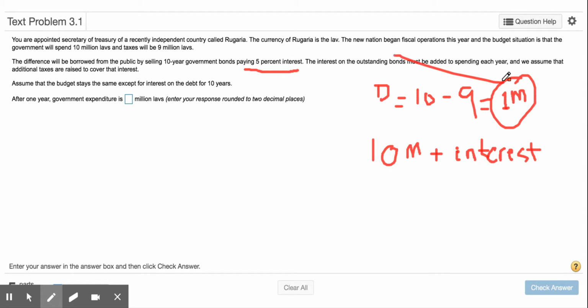Interest rate is 5%. So interest is 1 million multiplied by 5%. And you can calculate that using your calculator. So 1 million multiplied by 5% is going to be 50,000.